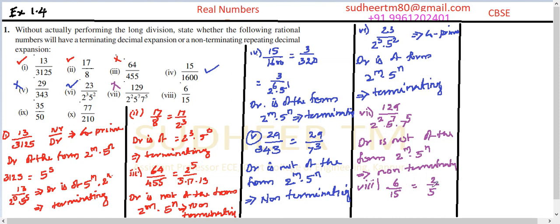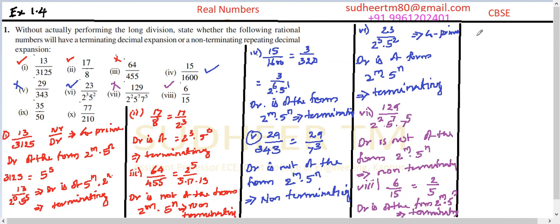So they are co-prime, and the denominator is of the form 2 raised to m into 5 raised to n, which gives terminating. Even though 3 was in the denominator, it gets cancelled, so we can conclude 6 by 15 is a terminating expansion.